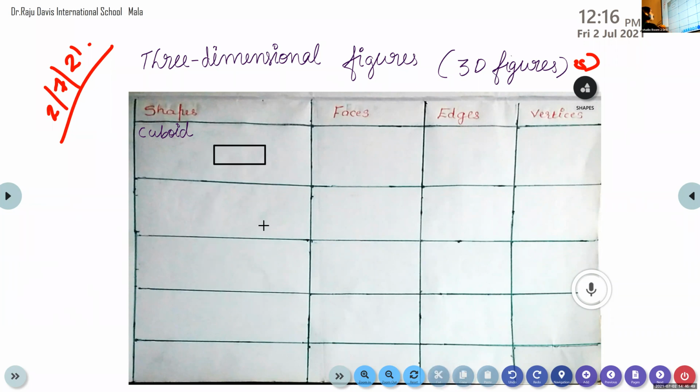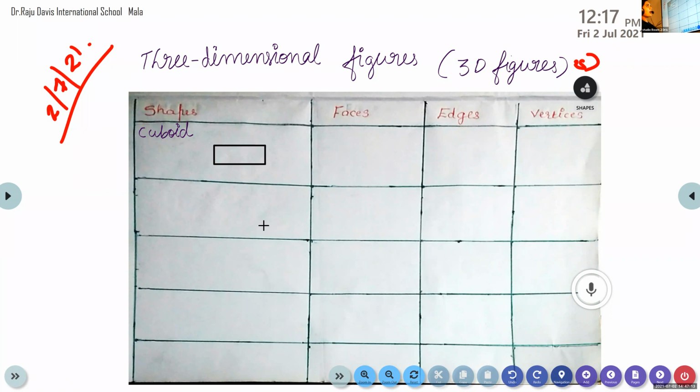First, draw a rectangle. All of you draw a rectangle in the same box. Everybody, draw a rectangle.